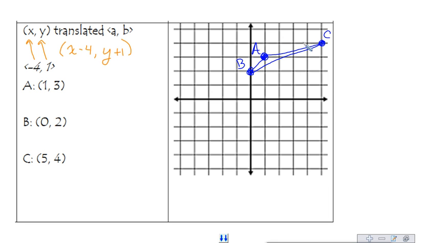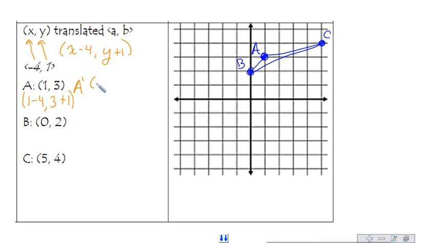So if you don't want to plot first, if you don't want to count, if the grid kind of messes with your eyes and you don't like it, you can mess with the coordinates first, okay? So I'm going to take this value, 1, I'm going to do 1 minus 4, and I'm going to do 3 plus 1. And that's going to give me the value of A prime, and then I could just plot it.